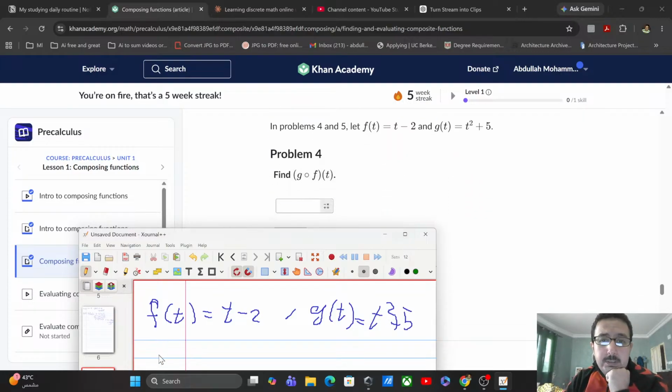What does it want? It wants g composed of f of t.